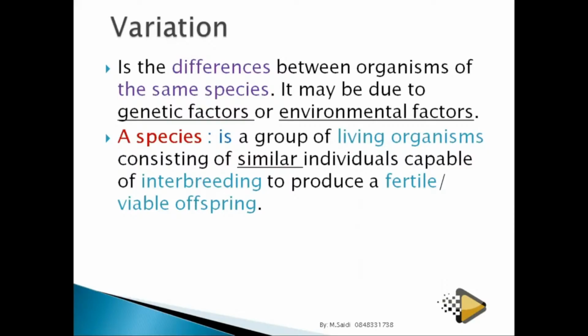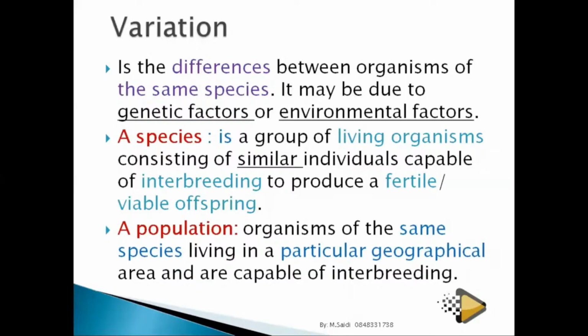Courtship, you could do the courtship and then you produce. I hope everyone is above 18. To produce fertile offspring. Fertile means something which can reproduce again, or viable offspring. Offspring are babies. We saw them when we were talking about genetics.